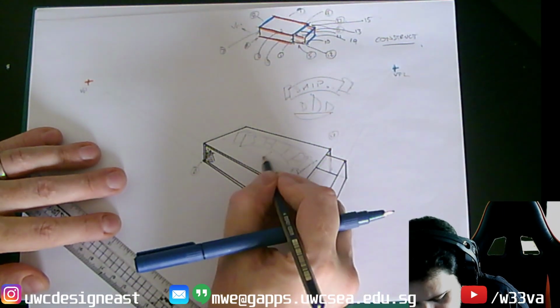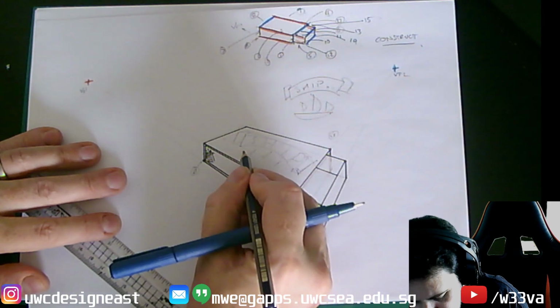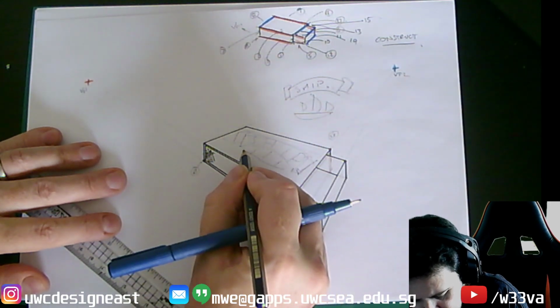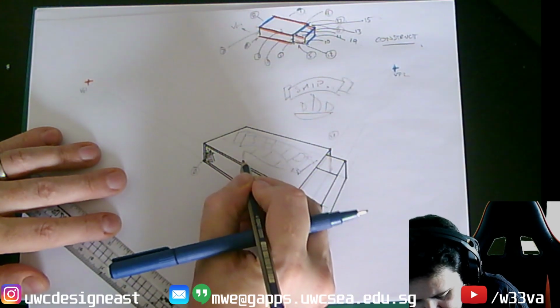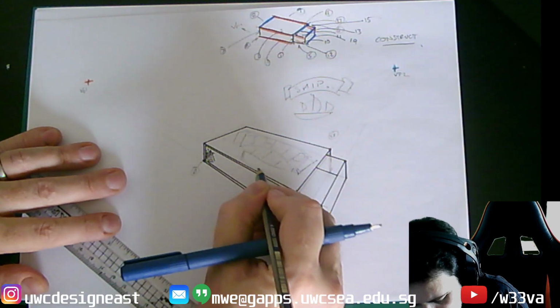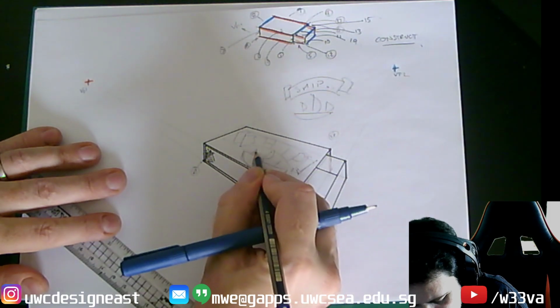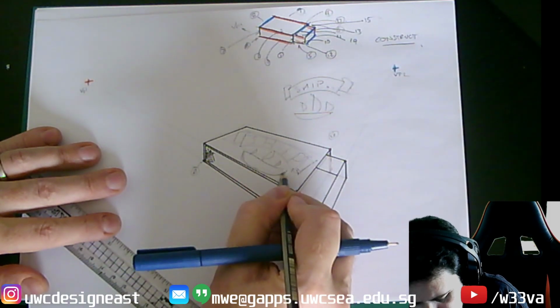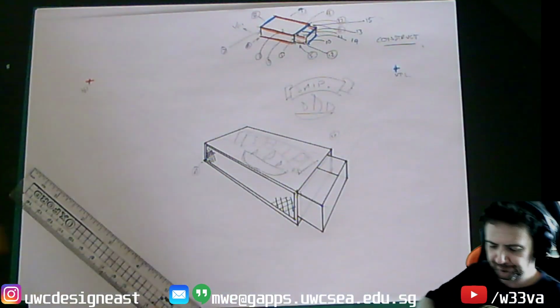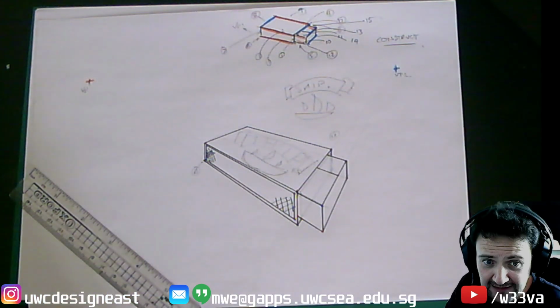And then we've got our boat, and even though the back end of the boat is bigger than the front end, because we're drawing it in perspective, that is going to be different. Okay, that's basically it.